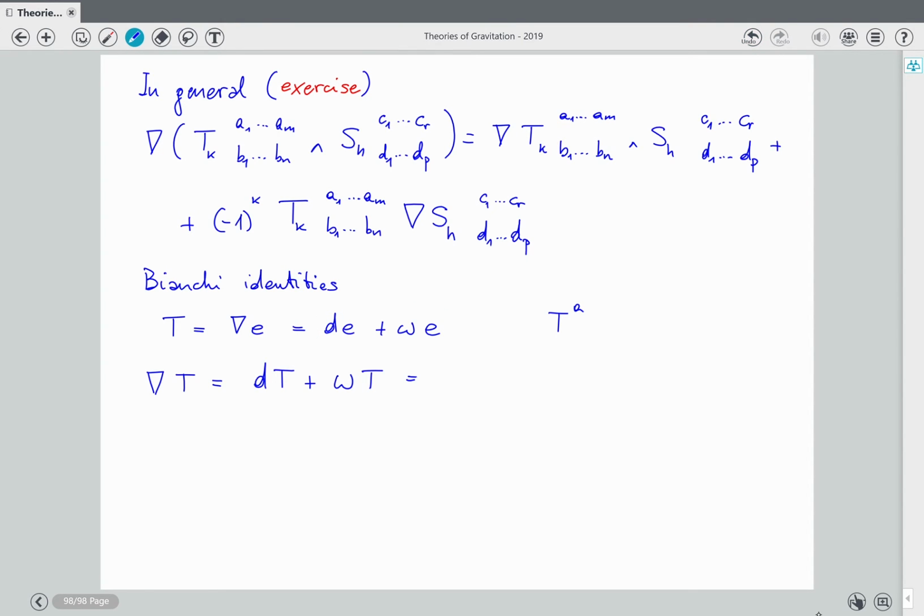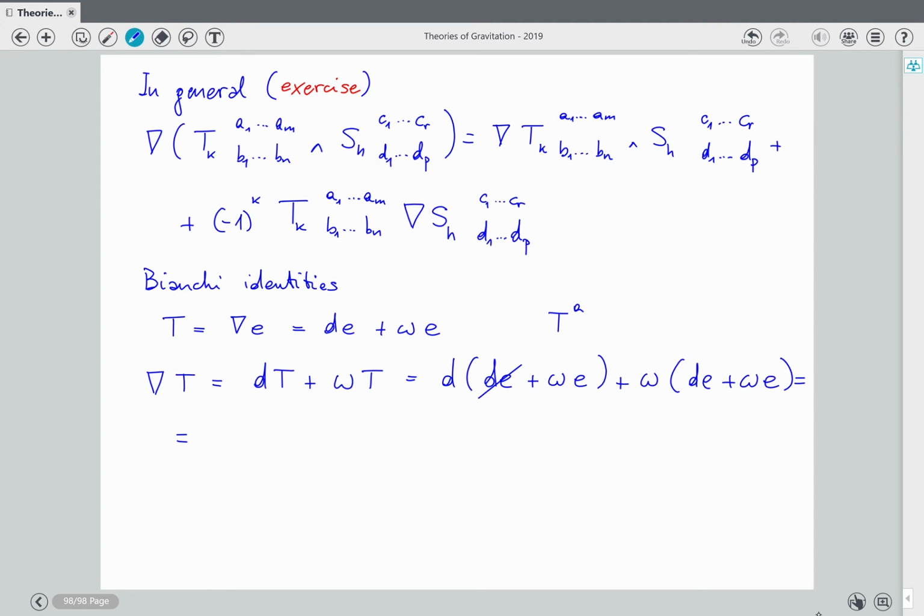And so we find d dE^A plus omega^A_B, plus omega dE plus omega omega E. DDE^A is 0, because d squared is 0.